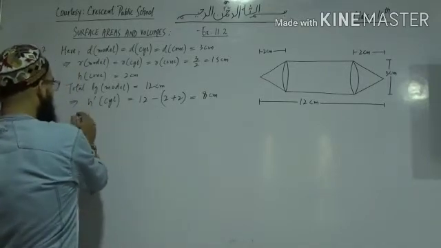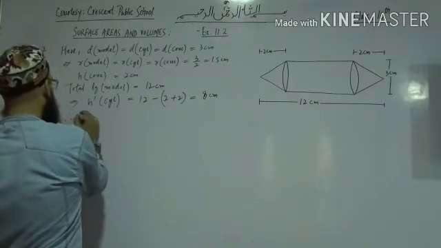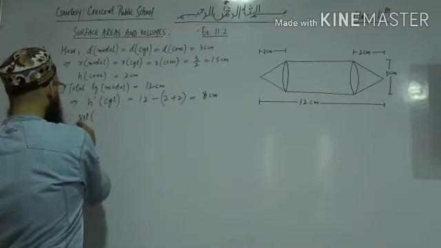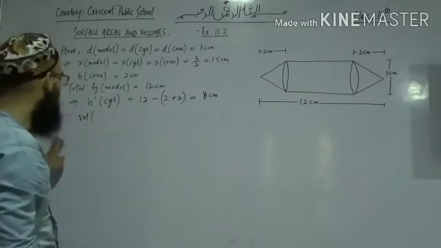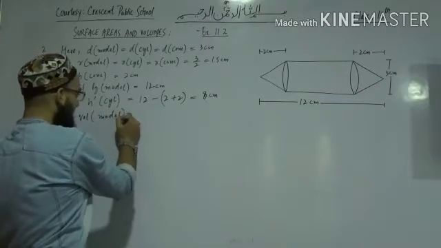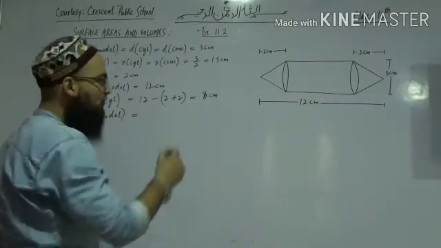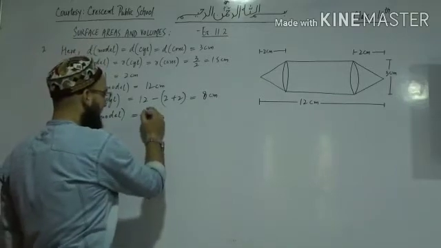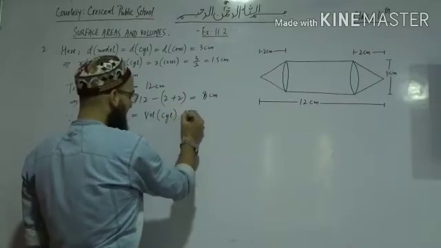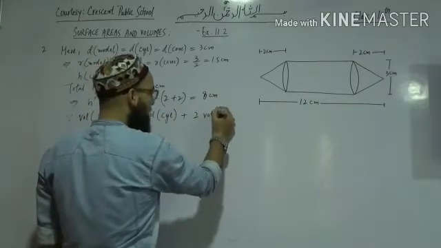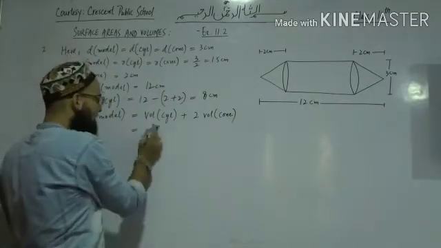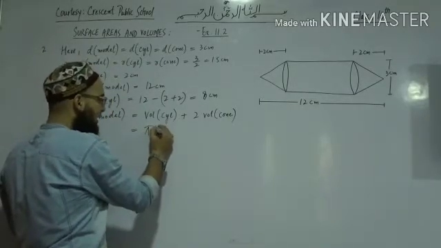Going further, the volume of a model I can get by adding volume of cylinder plus twice volume of cone, because we have two cones available here. So volume of cylinder is nothing but pi r square h.